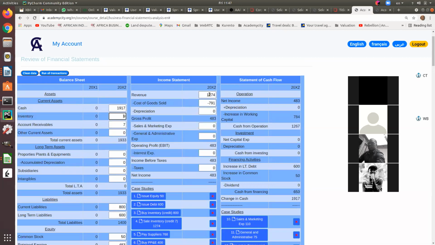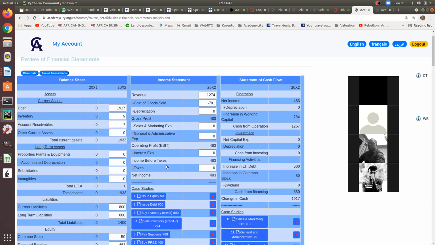But whatever I sold, I sold for 1274, part of which I got in cash, part of which people promised to pay me. Bottom line, my current assets went up by 483.